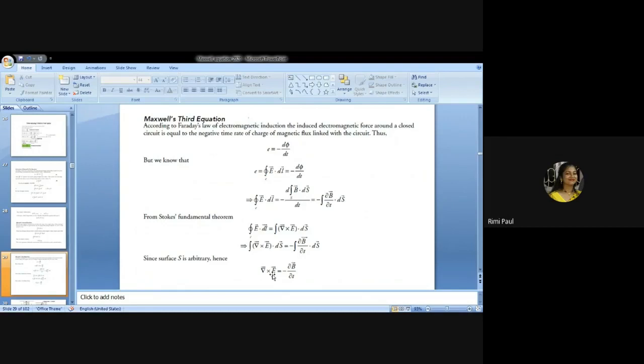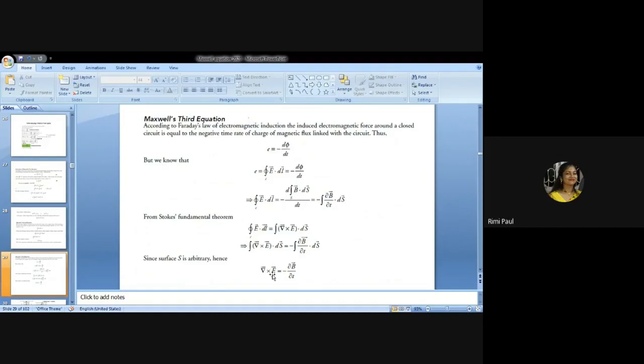So when the charge and current sources are varying, that means if I take time-varying charge or time-varying current, the field will also vary, right?